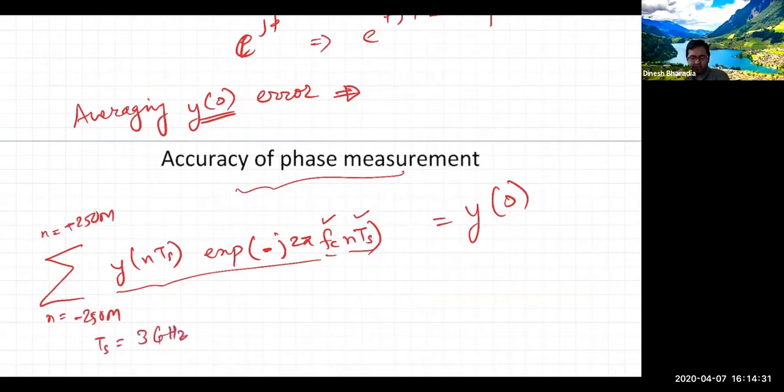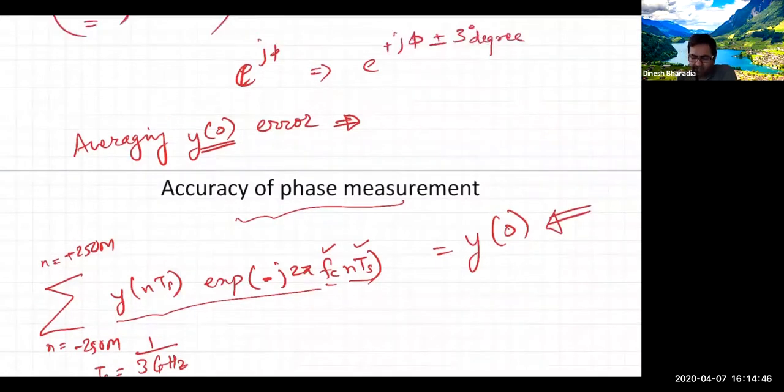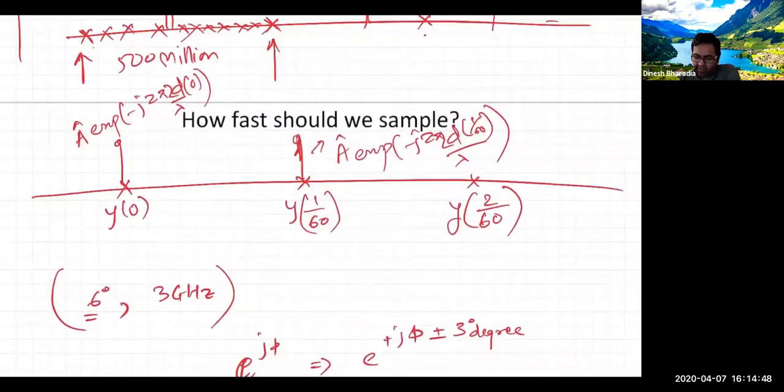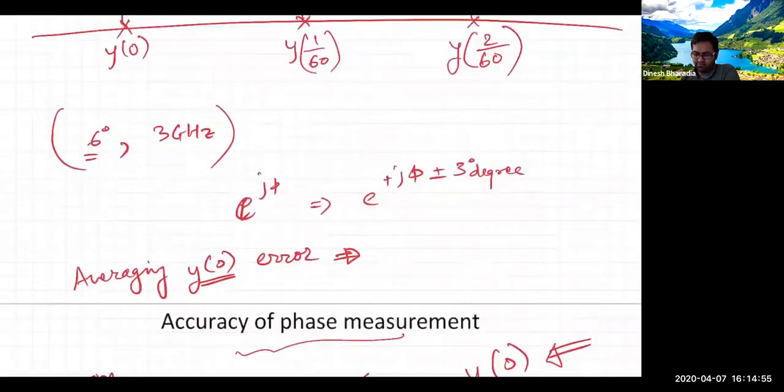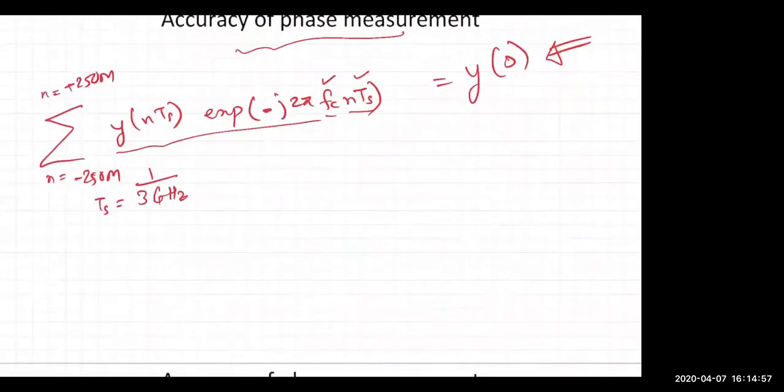Everyone with me on this expression? This is how the formulation of Y0 comes into play, the averaging we did from minus 250 million to 250 million. Dylan and Eric following? Yes, I'm following.